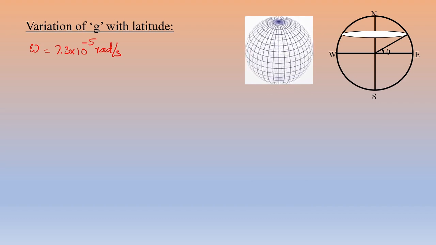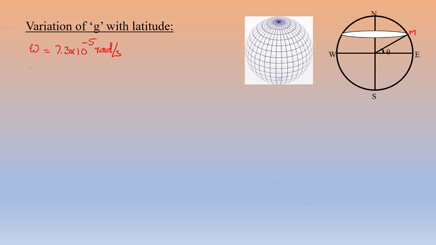Okay, when the body already has an acceleration, the effect of that acceleration is to reduce the acceleration due to gravity at the given place. In the figure you can see a particle situated at a given point, at a latitude theta.